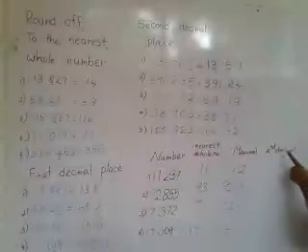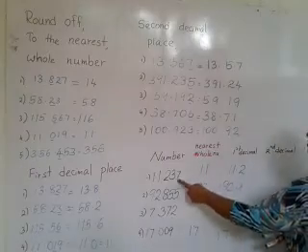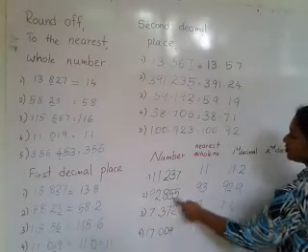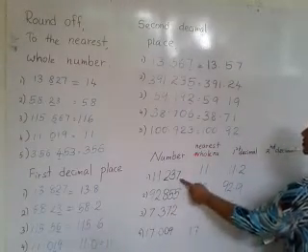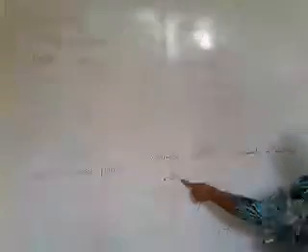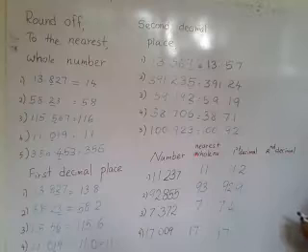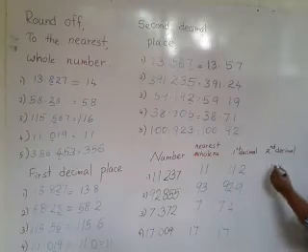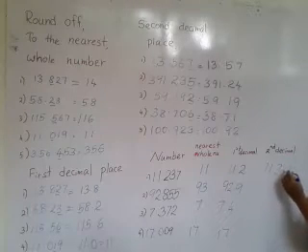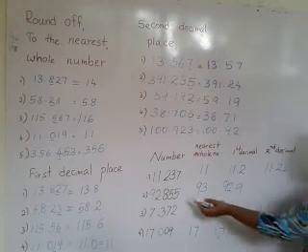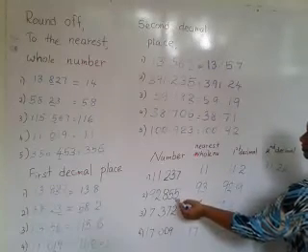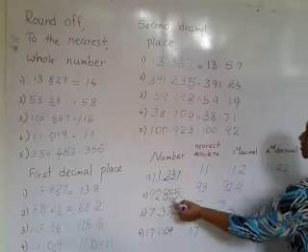And for the second decimal place, we must consider the third decimal place. The third decimal is 7, it is more than 5, so increase 1, then it becomes 11.24. Here 5, have to add 1, 92.86.